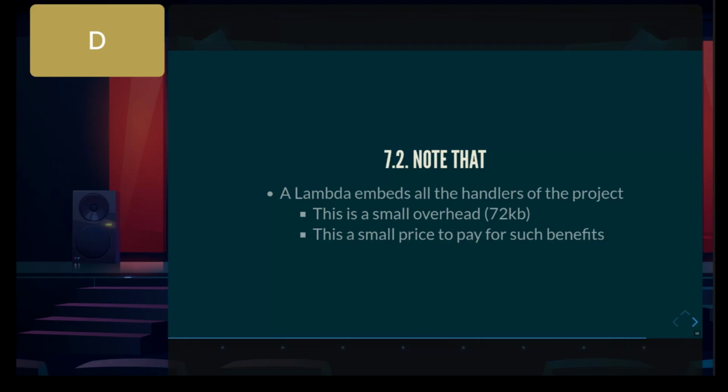But this is really a good deal. This is really a very small price to pay for such benefits. Without all the stuff we have built, it is clear for us that the project would not have seen the light of day, I would say.